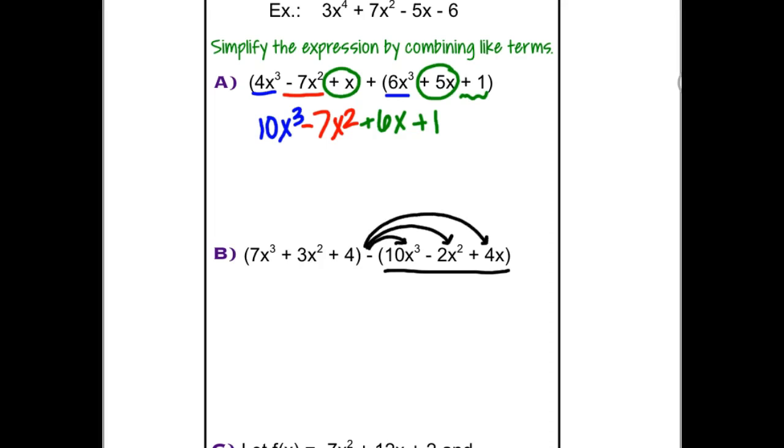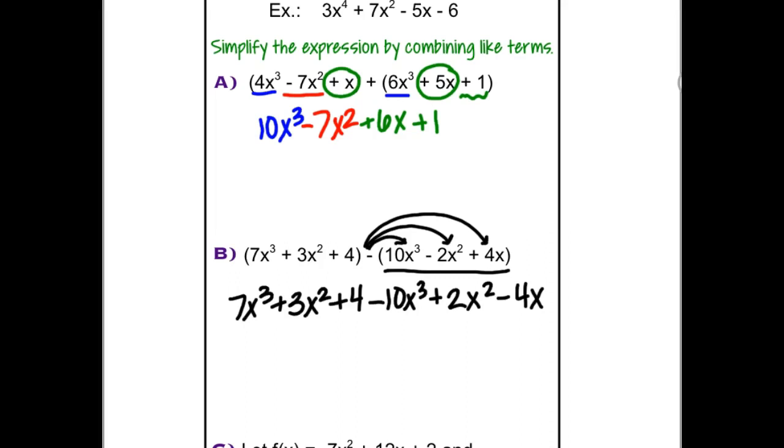And when we rewrite, then we can drop the parentheses. So we've got 7x cubed plus 3x squared plus 4 minus 10x cubed minus a negative 2x squared, which is plus 2x squared, and minus 4x. Then we can start combining like terms.